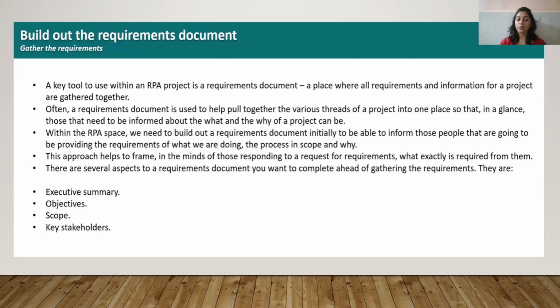Within the RPA space, we need to build out a requirement document initially to inform those people that are going to be providing the requirements of what we are doing, the processes, the in scope, and why. This approach helps to frame in the mind of those responding to a request for the requirements what exactly is required from them.